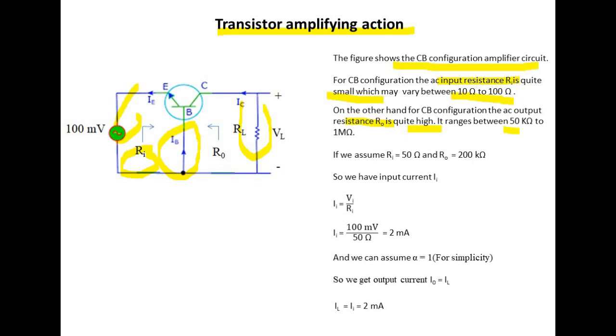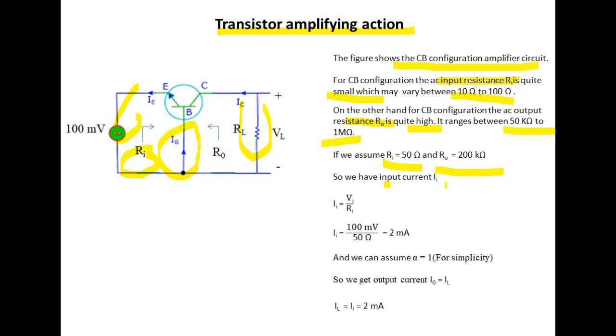It ranges between 50 kilo ohm to 1 mega ohm. In this example we are assuming that input AC resistance Ri is equal to 50 ohm and Ro, that is output resistance, is 200 kilo ohm.